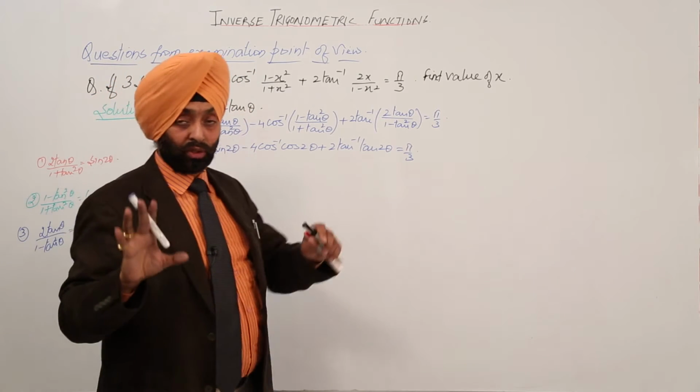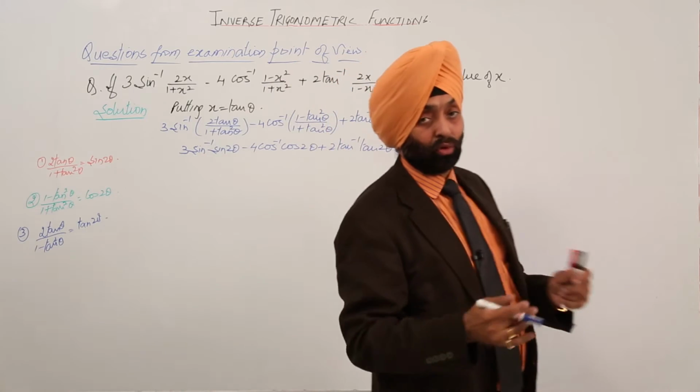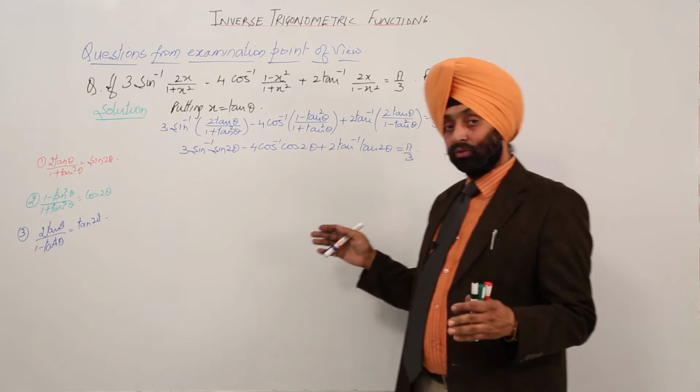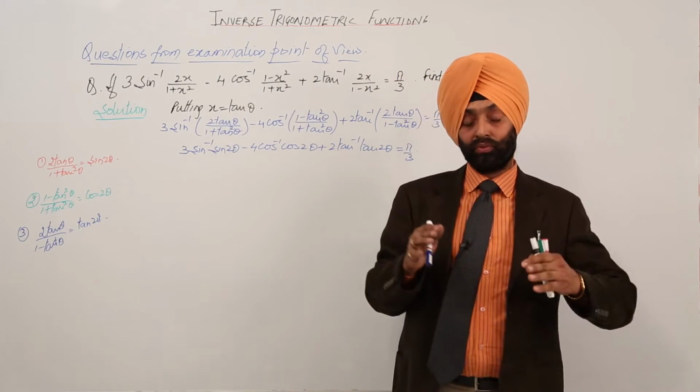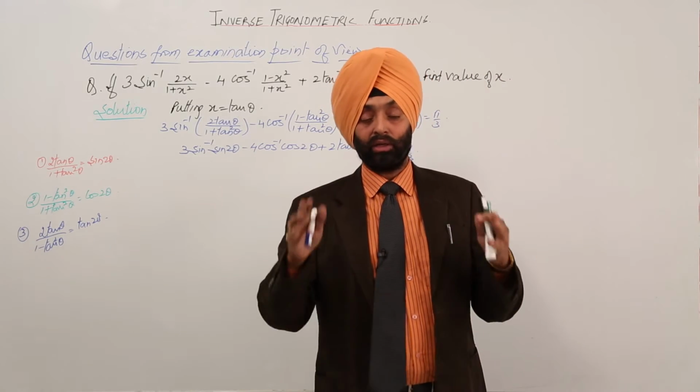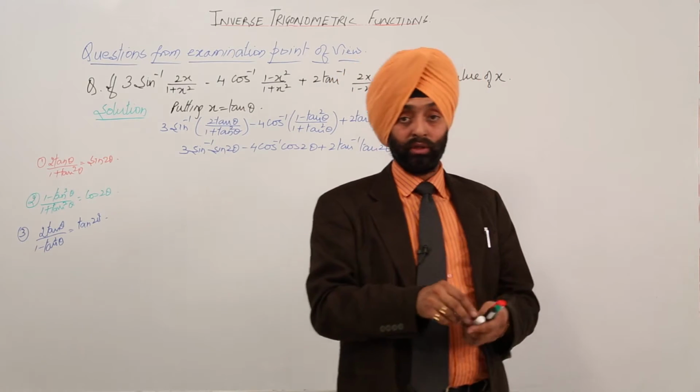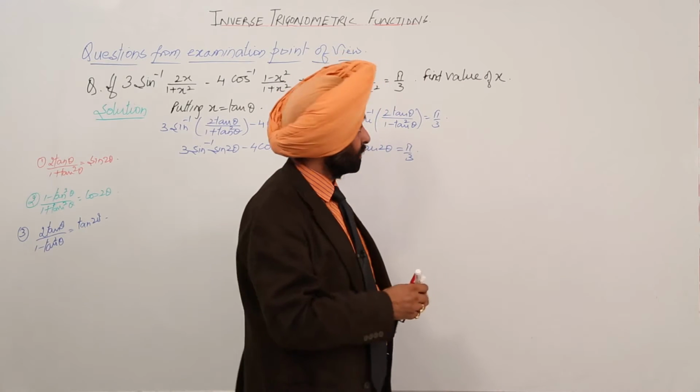Now up to here it's okay. We have gone through the question. Now what about the principal values for sin theta, cos theta, tan theta? Positively, we have to check the angles also.